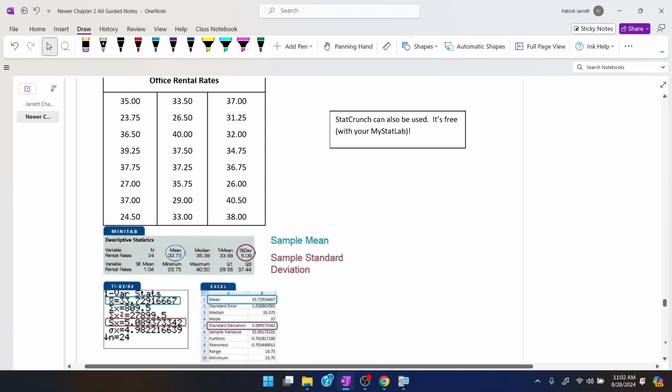In fact, what I'll do is probably today, we'll probably finish today actually. So what I'll do is open up the laptop cart and we can go from there and see what happens. But basically, the TI-83 and 84 and StatCrunch can be used.